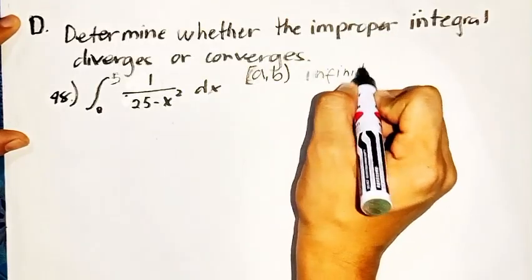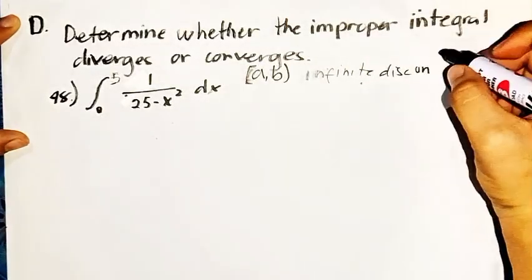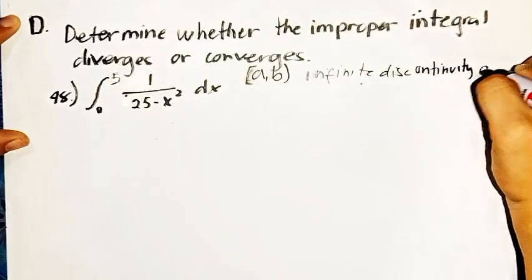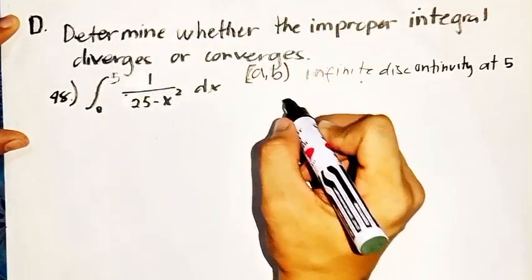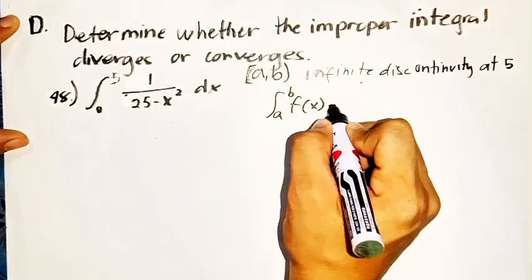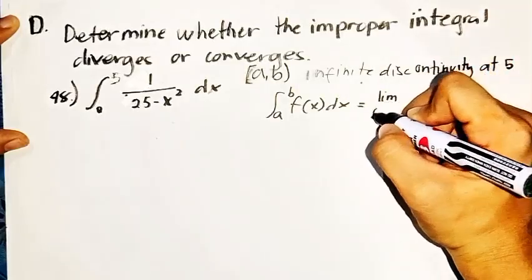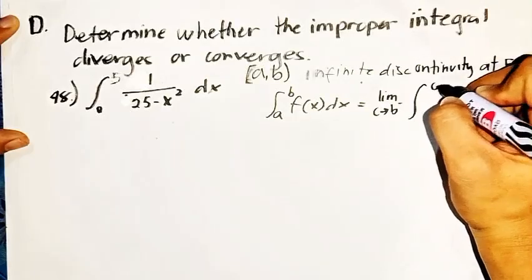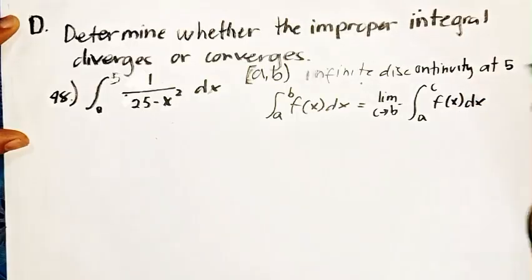So therefore, we will use the first definition. The first definition says that the integral from a to b of f of x dx is equal to the limit as c approaches b from the negative side, of the integral from a to c of f of x dx.